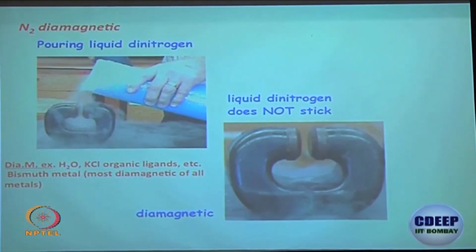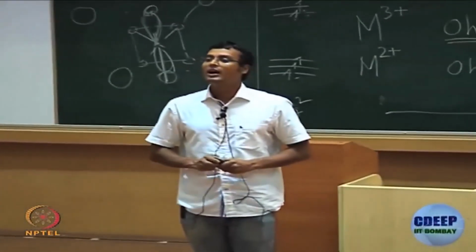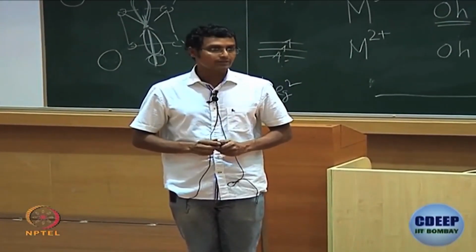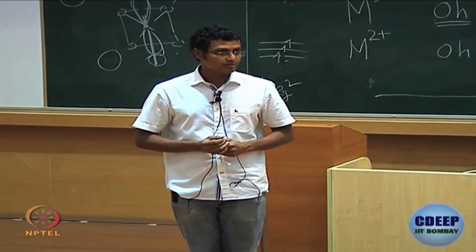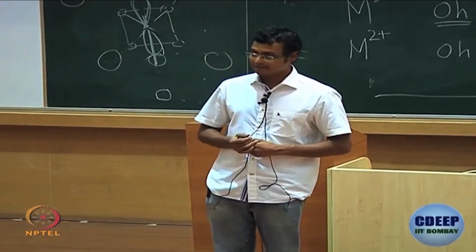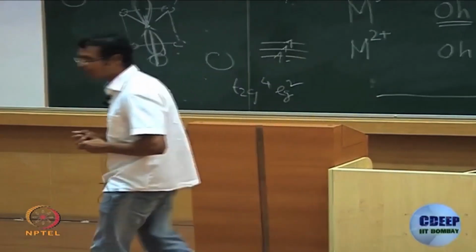If you take nitrogen gas, liquid nitrogen you have heard of, a big tank goes on and a lot of funny experiments can be done. If you liquefy the nitrogen gas, it becomes liquid nitrogen. Now we want to see whether that nitrogen is going to be diamagnetic or paramagnetic.